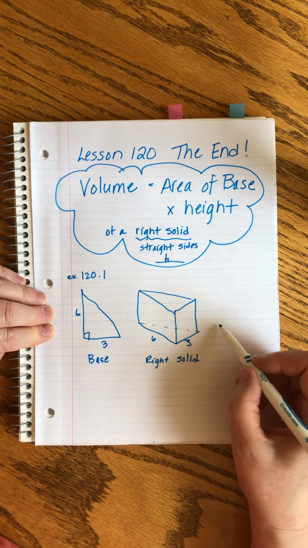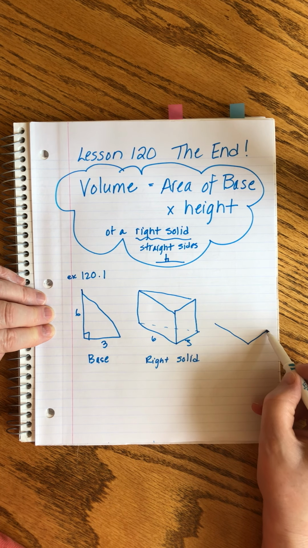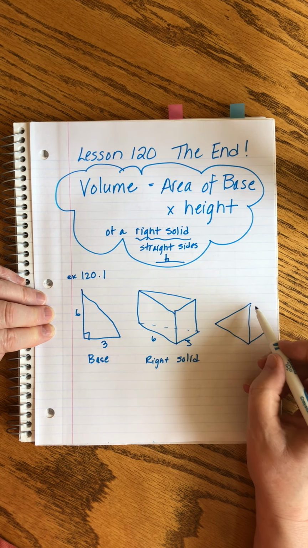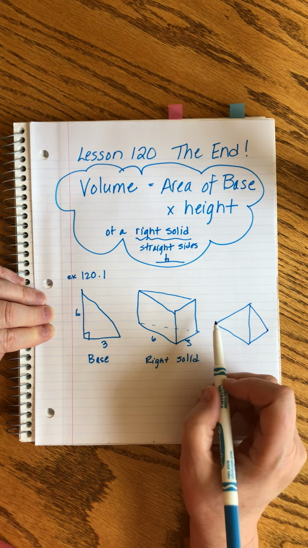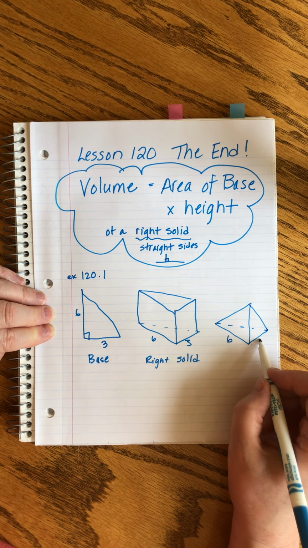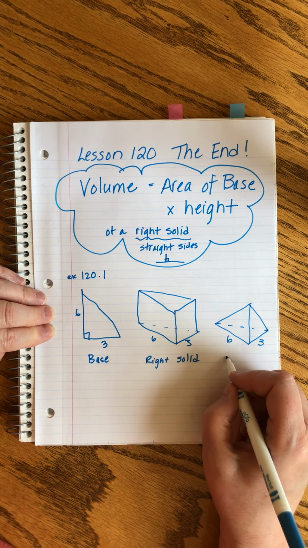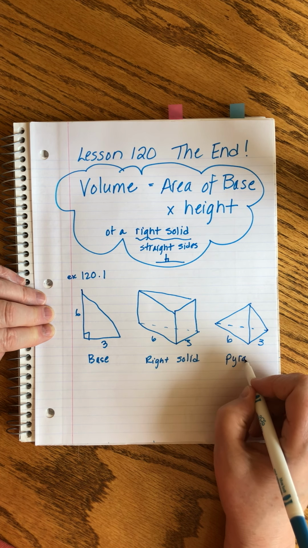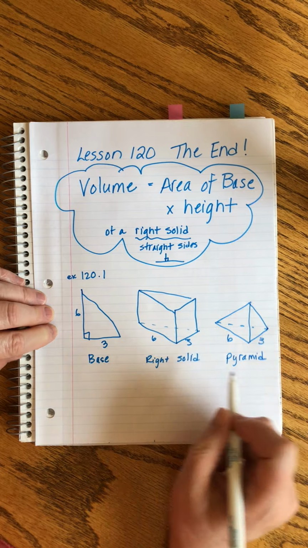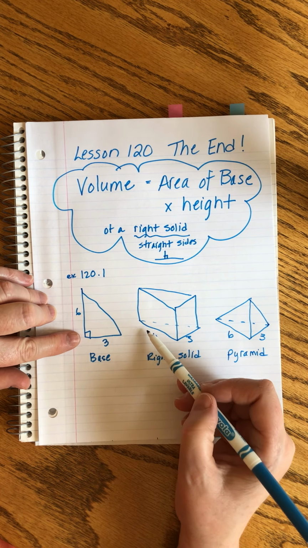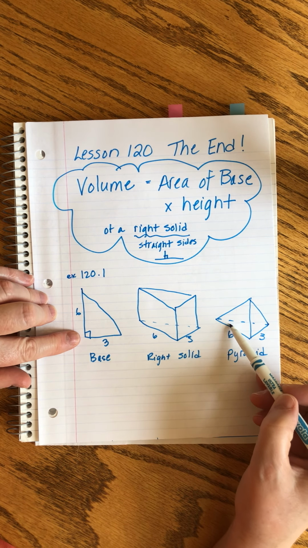Okay, and then he shows us this. That's a 6, by the way. It looks kind of like a P or a B. Pyramid. Okay, so this is what he's telling us. This is the base of all 3 of these objects, right? This is the base, this is the base, this is the base.